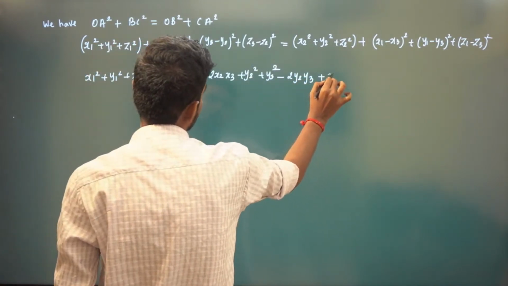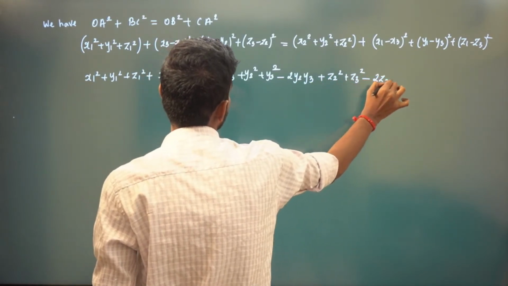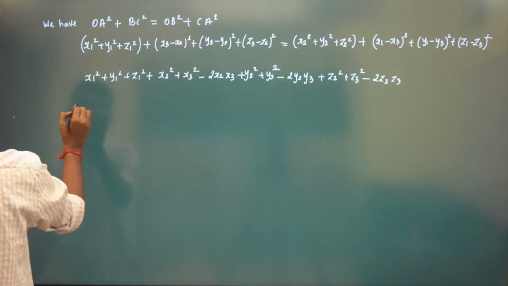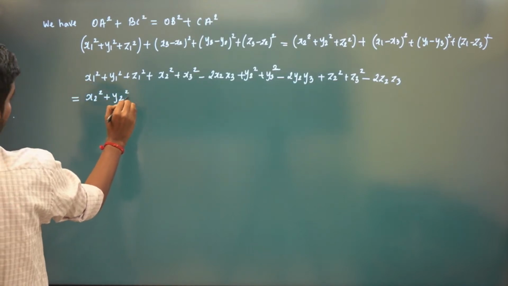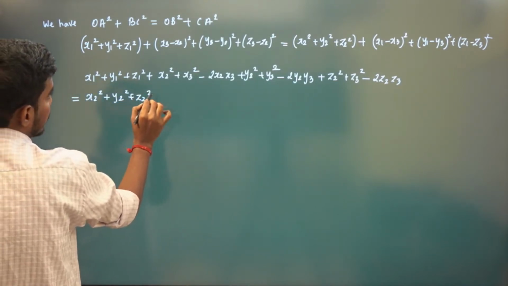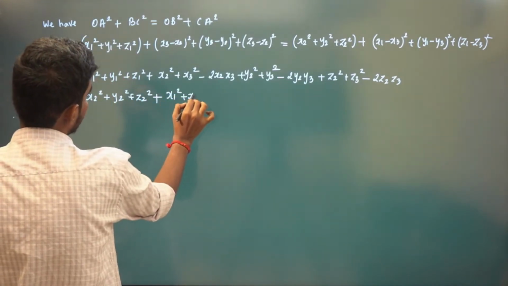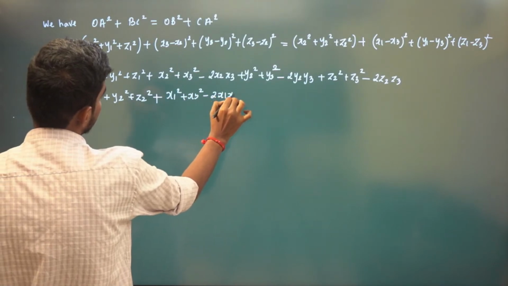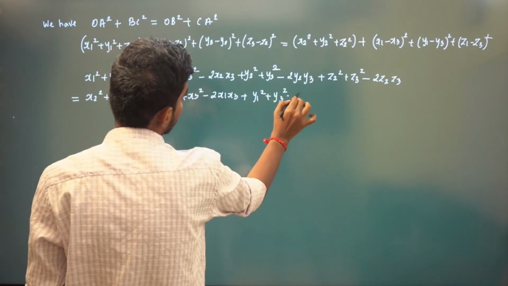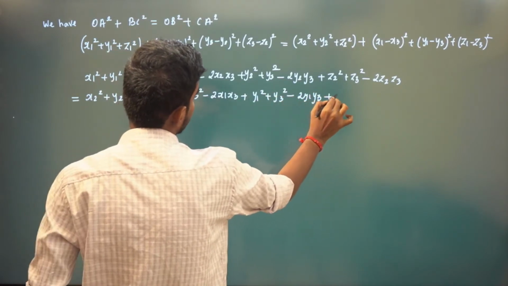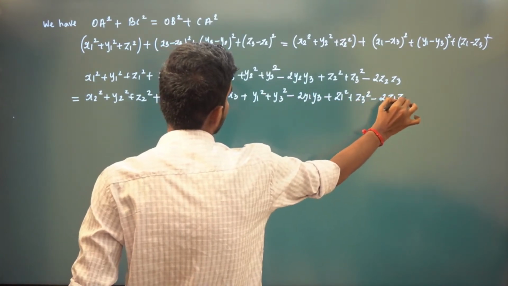Again there you will have this equal to x2 square, y2 square, z2 square, and a square plus b square minus 2ab, a square plus b square minus 2ab, a square plus b square minus 2ab.